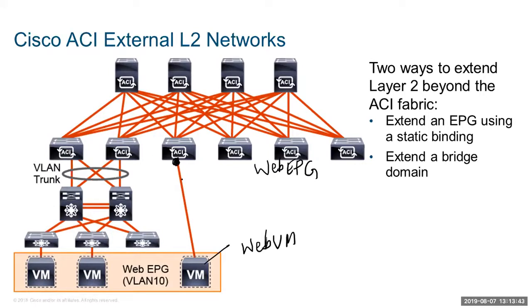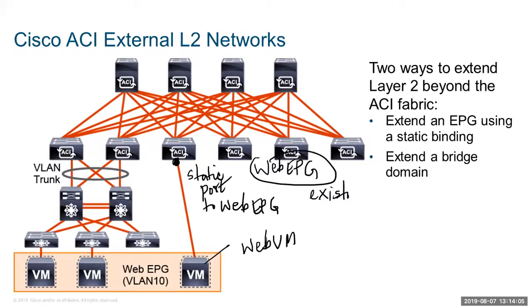Configure the port statically, identifying a specific piece of hardware that's a static port to web EPG. So we're not creating a new external EPG. We already have one. This is an existing EPG. And we're binding the port.